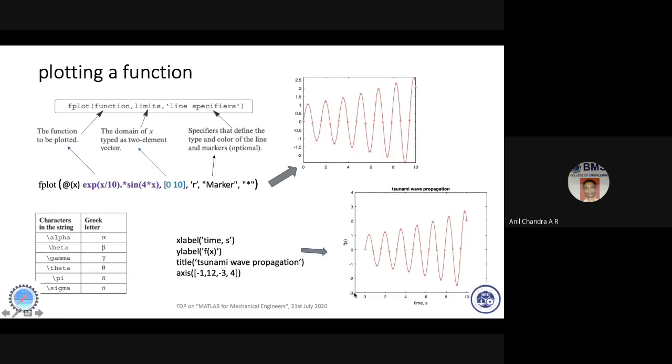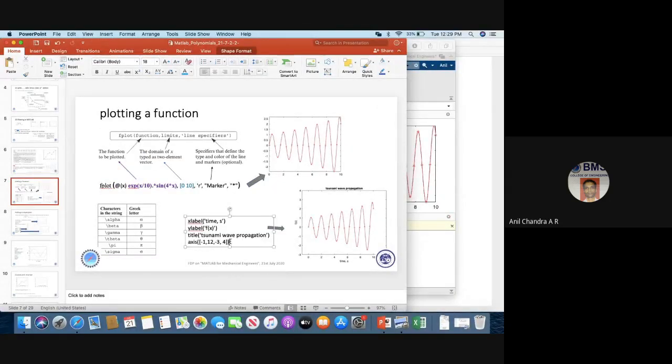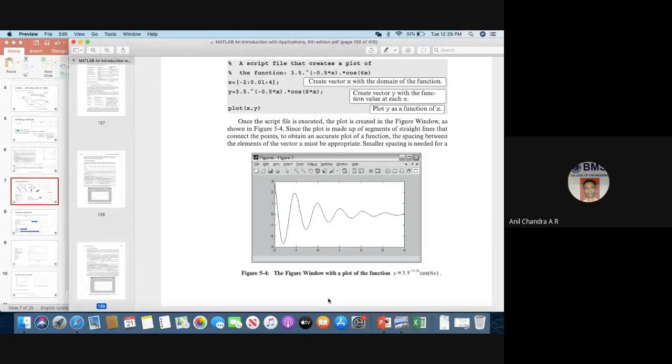So I've defined here -1 to 12 and -3 to 4. So that is done by using the command axis, -1, comma 12, -3, 4. So it's easy. Just copy paste this command. Go here.